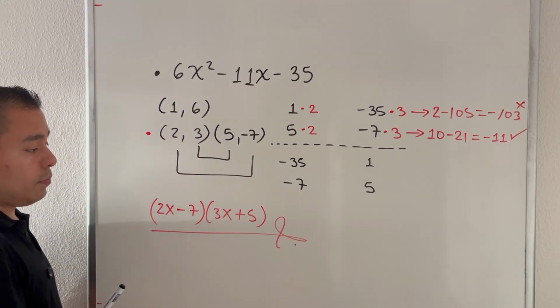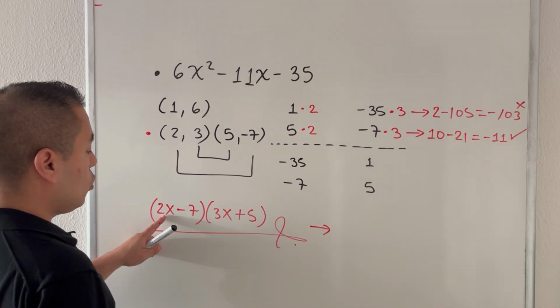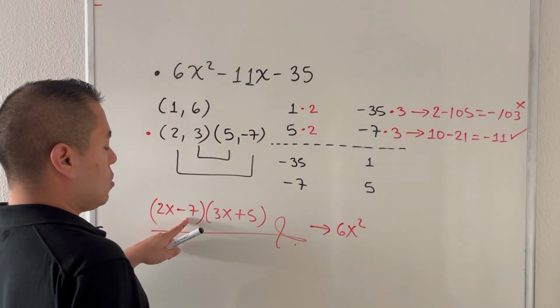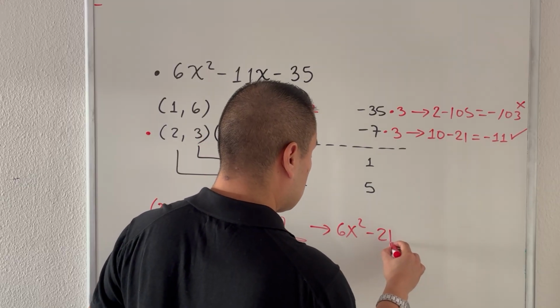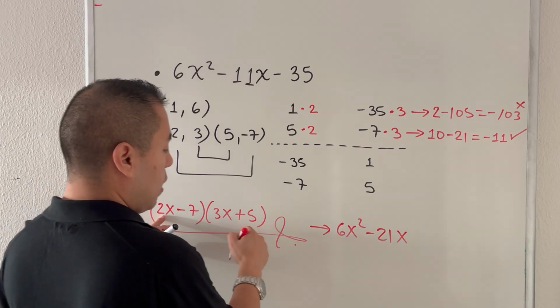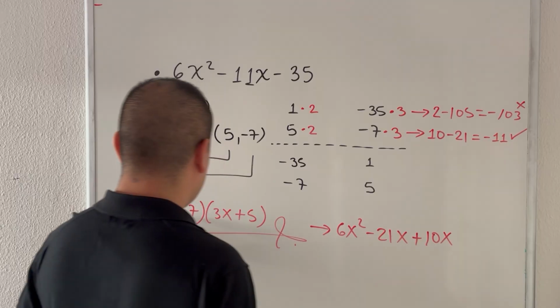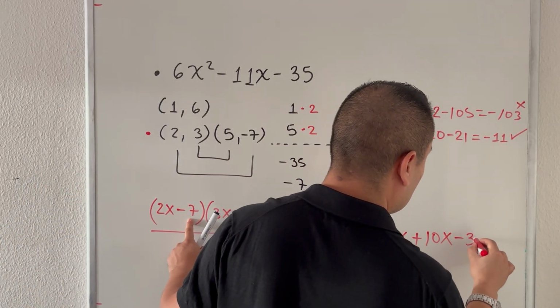We can prove it. If we do the expansion, 2x by 3x is 6x squared, and then minus 7 by 3x, minus 21x. Now 2x by 5 is plus 10x, and minus 7 by 5 is minus 35.